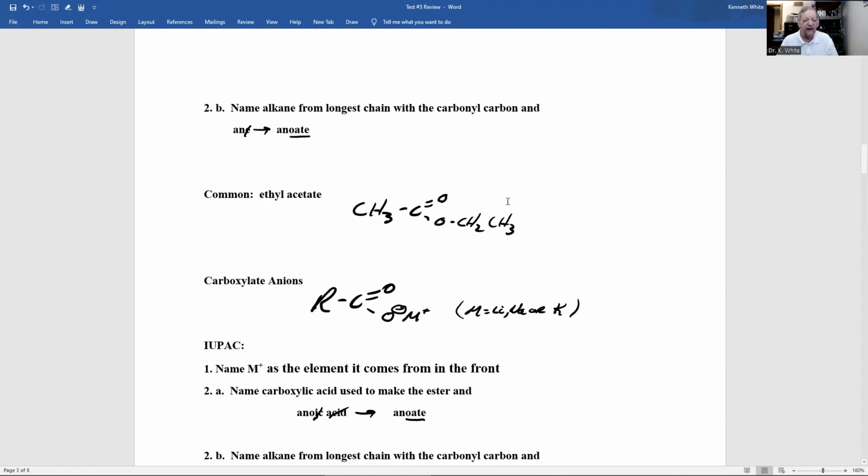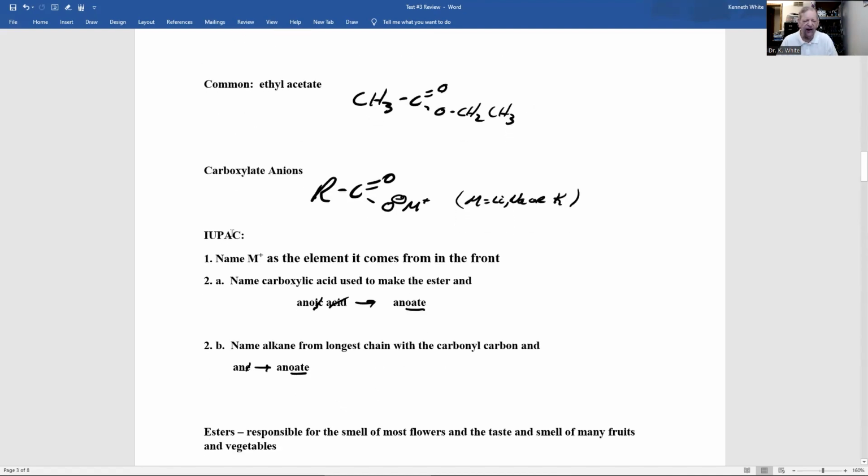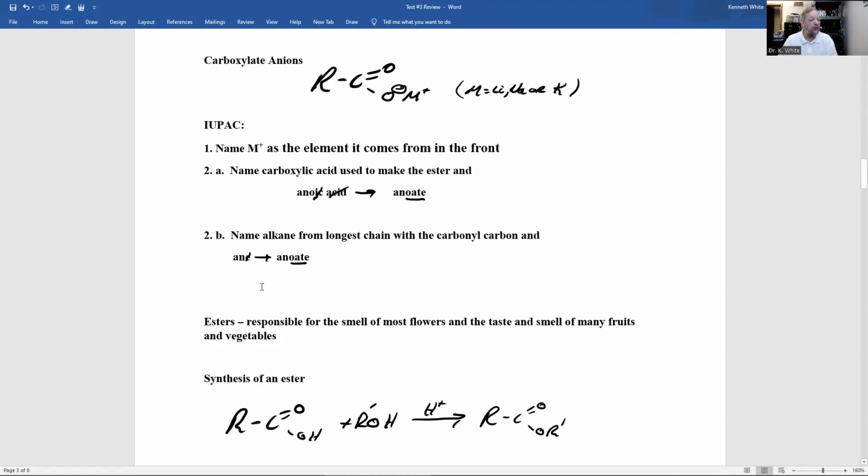Now, since we now know how to name esters, let's talk about carboxylate anion nomenclature. And how do we do that? Well, here's a carboxylate anion, and it's very similar to esters. Now, name M plus, the cation, as the element it comes from in front. And for this class, I'm limiting that to lithium, sodium, or K, potassium. Next, there are two methods.